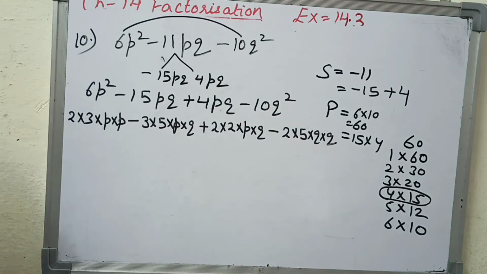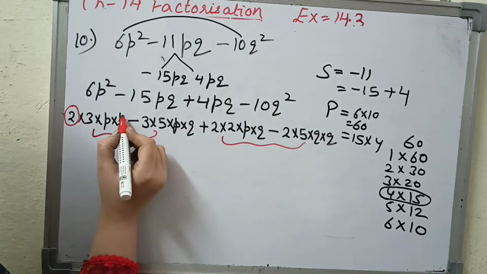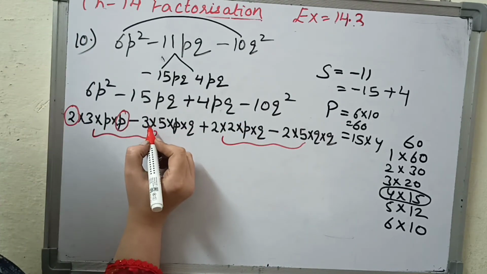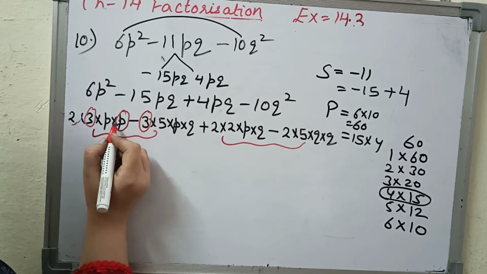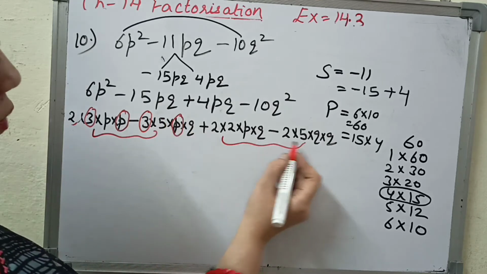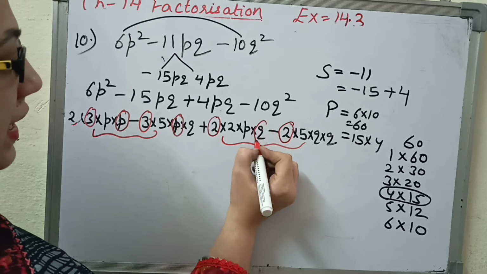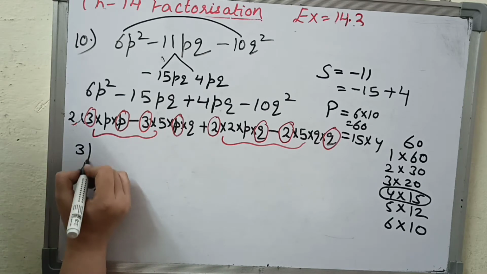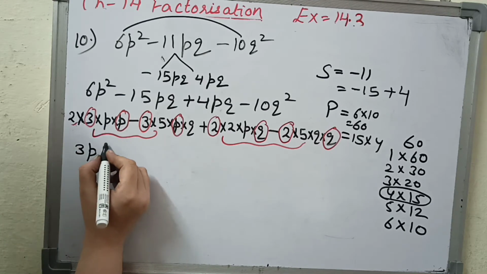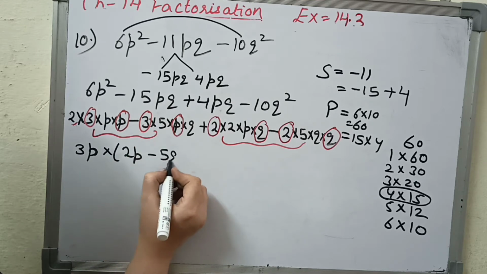Now take two terms, first two terms, then last two terms. Here 3 is common, and next is p. And from these two terms, here 2 is common, and then q is common. Now from the first two terms we write 3p common, and the term which is left is 2p minus 5q.